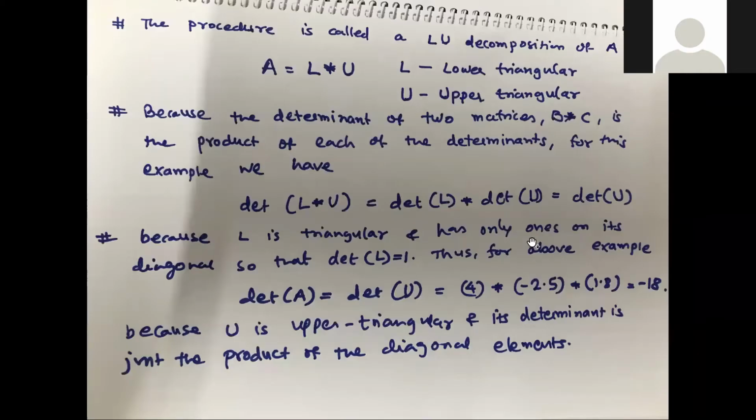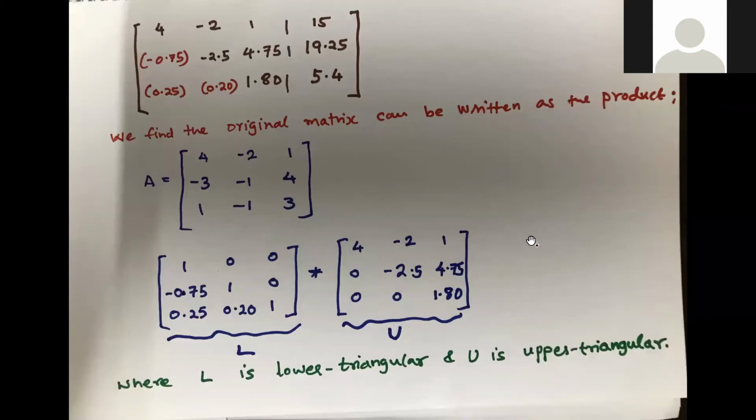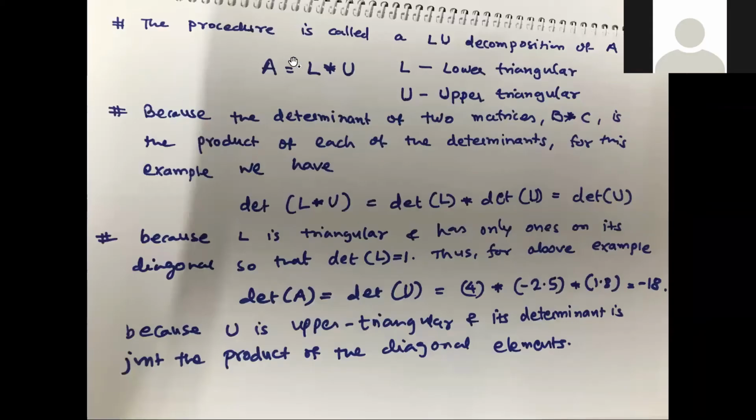In the next slide, I'm showing how even the determinant can be obtained from this. The procedure just now is called LU decomposition. L is the lower triangle, U is the upper triangle.